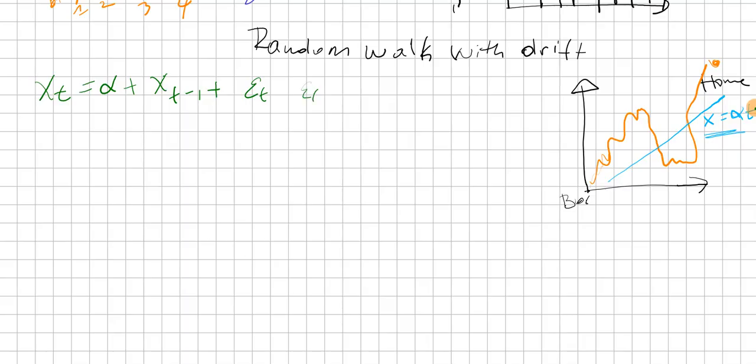And we assume that those external shocks are independently and identically distributed, with a mean of zero and variance of sigma squared, which means my error terms are normally distributed.